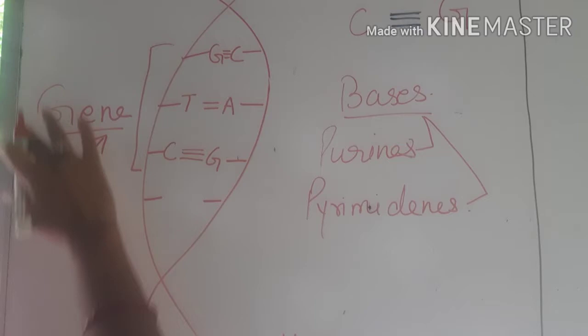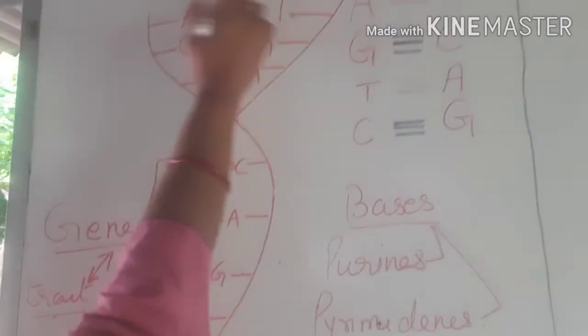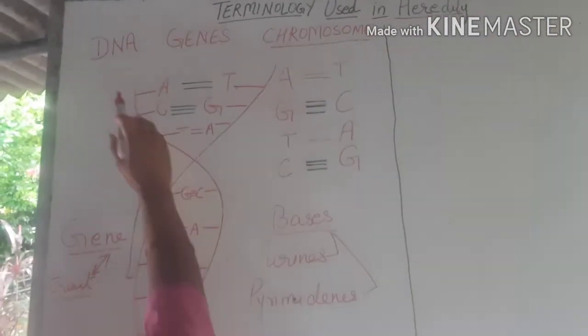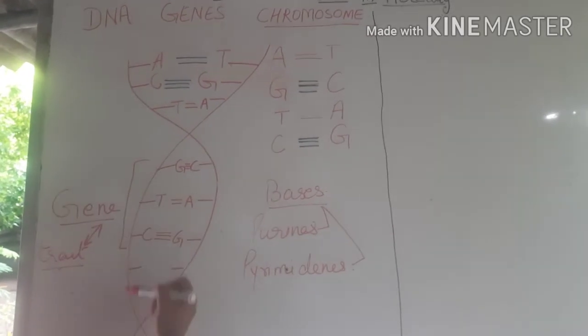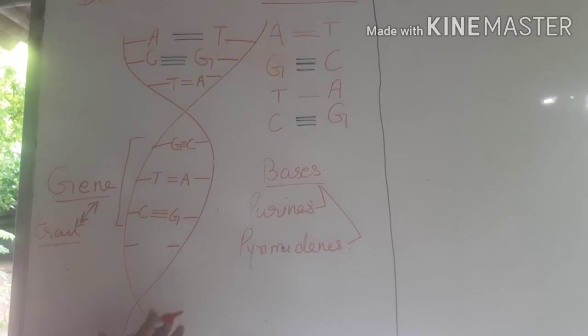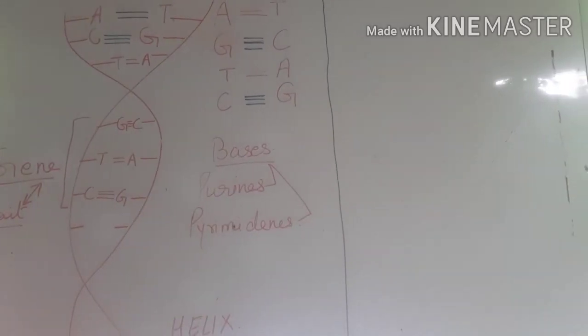Now you know how these three are related: gene, DNA and chromosome. Thousands of genes are there in a DNA, and many DNAs are there in a chromosome. So now you know the structure and how the bases are arranged in it.